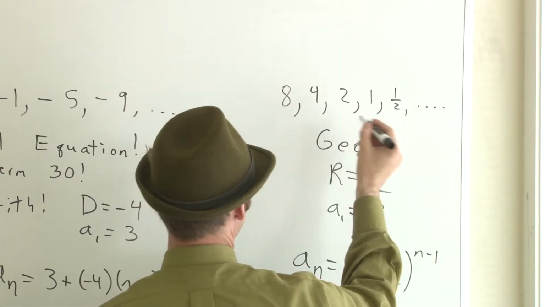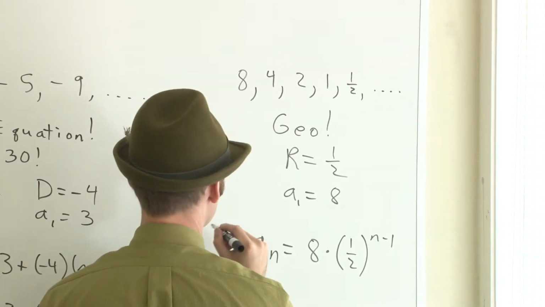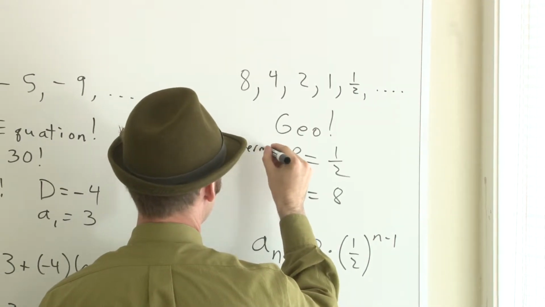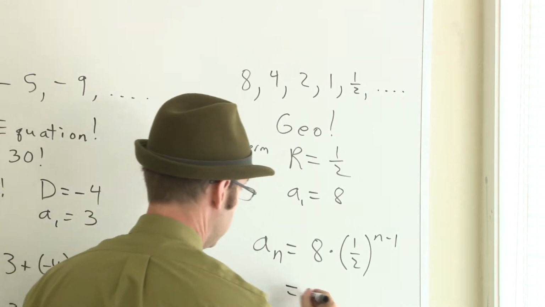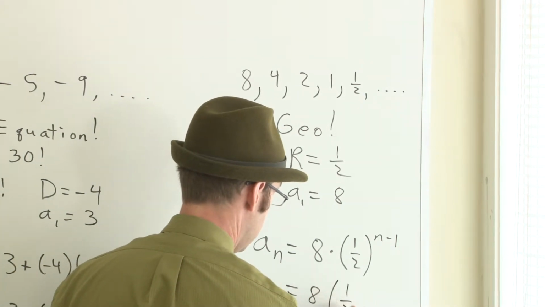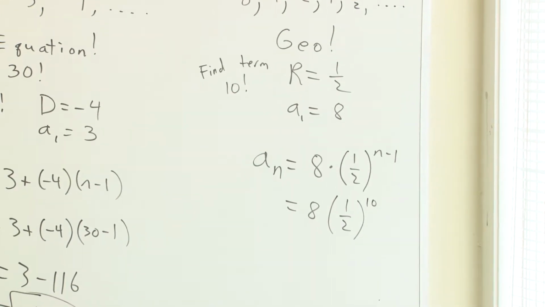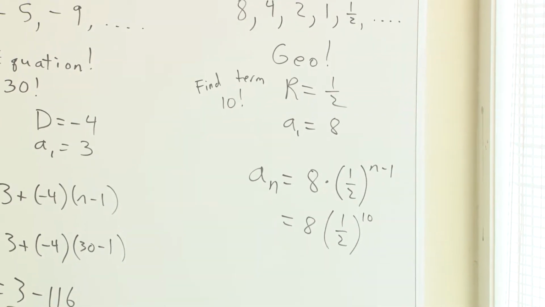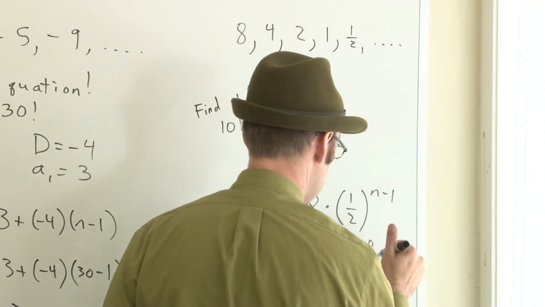So let's say I want to find, I'm not going to find term 30, that's going to be ridiculous. I want to find term 10. So that'll be 8 times 1/2 to the 10th, which is going to be a small number. But give it a try. Shouldn't it be to the 9? Oh, it's the 9th. Yeah, thank you. I mean, I was testing.